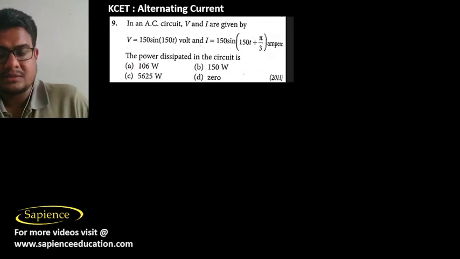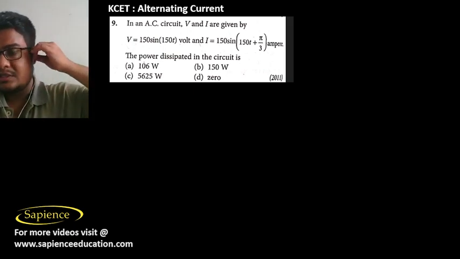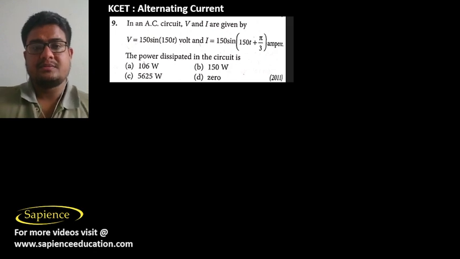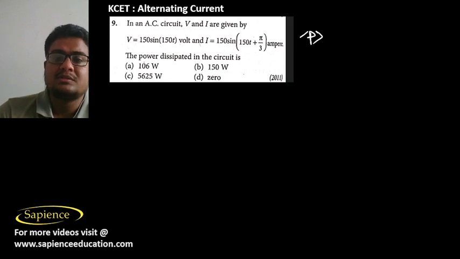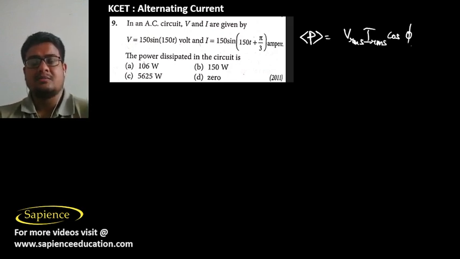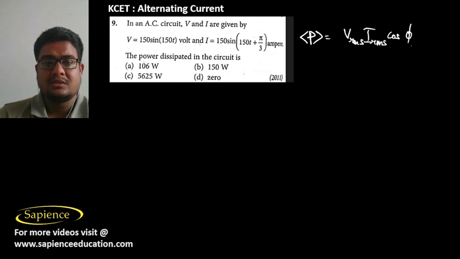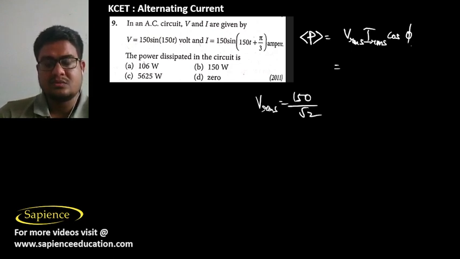Then question number 9. In an AC circuit, V and I are given by V equal to 150 sine 150t and I equal to 150 sine (150t plus pi by 3). The average power dissipated in the circuit will be equal to VRMS into IRMS cos phi. The phi is the angle by which the current leads the voltage. So VRMS will be equal to 150 by root 2.